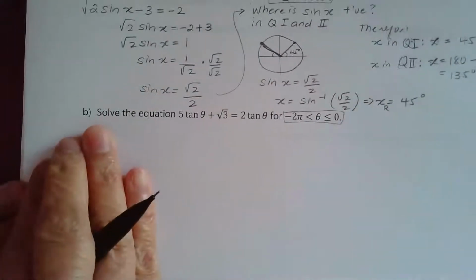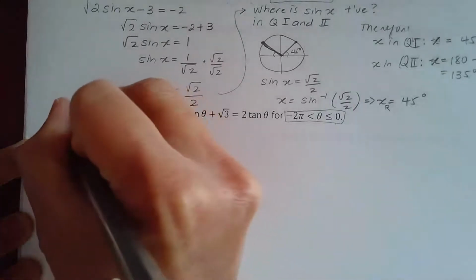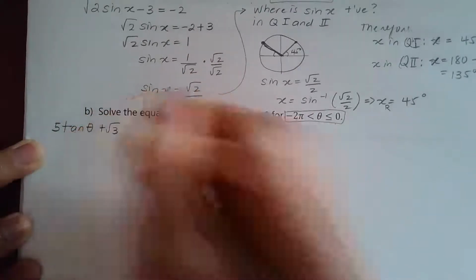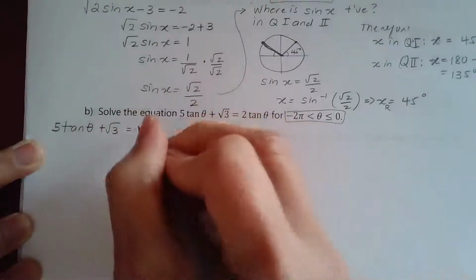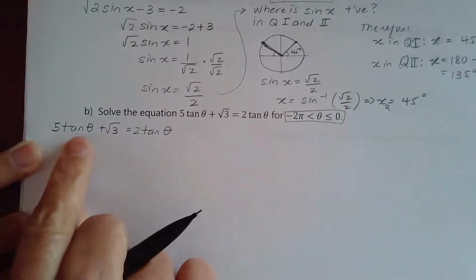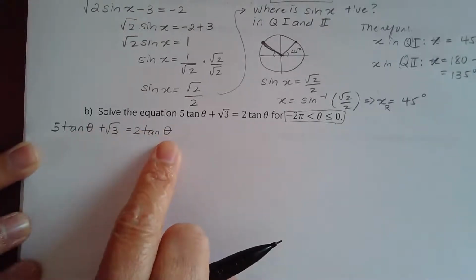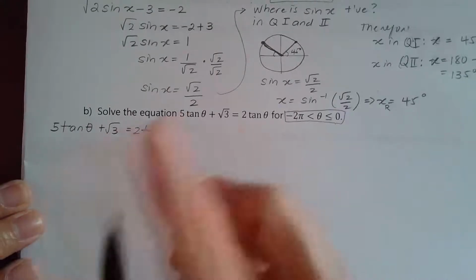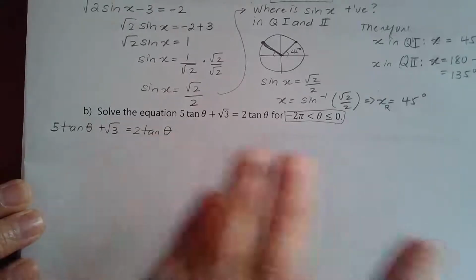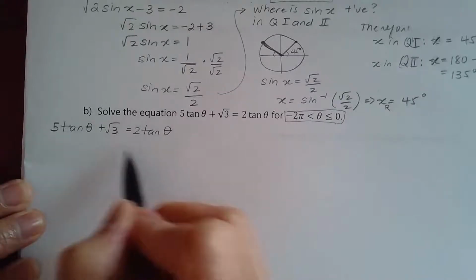I'm going to try to move it over here. So 5 tan theta plus root of 3 equals 2 tan theta. I see tan theta on the left side of the equation and also on the right side. So we're going to put everything that has a tan theta on one side and just the numbers on the other side. I'm bringing these over there and the root of 3 on this side.